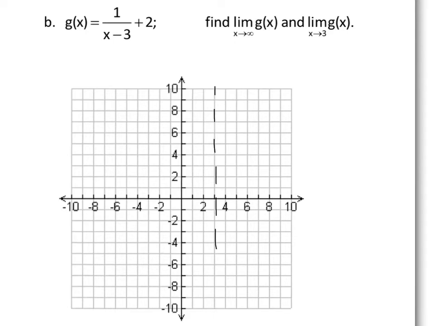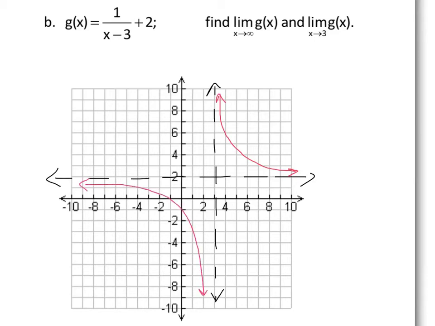If it were plus, we'd go to the left. So we have this asymptote here. And then the plus 2 means we shift everything up 2, so I have an asymptote at y equals 2 rather than at the x-axis. And then we just sketch in each of these graphs.